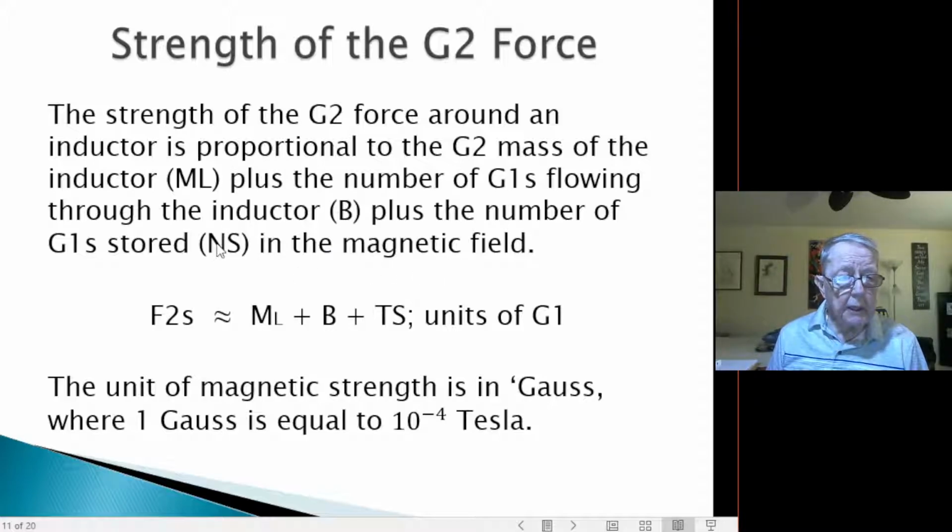This should be TS, not NS. So therefore, the F2 strength is proportional to the G2 mass of the inductor, the number of G1s, because the G1s are the basic unit now of G2 mass, the number entering, and the total stored in the magnetic field at any point in time.